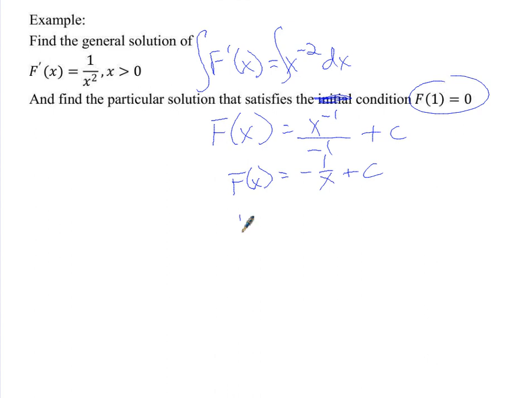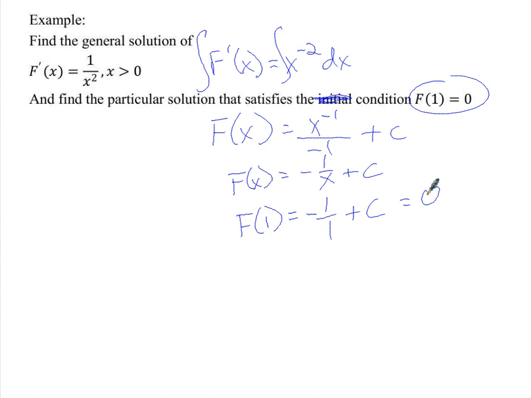F at 1 equals -1 over 1 plus c. F at 1 is 0. So I'm going to say equals 0.